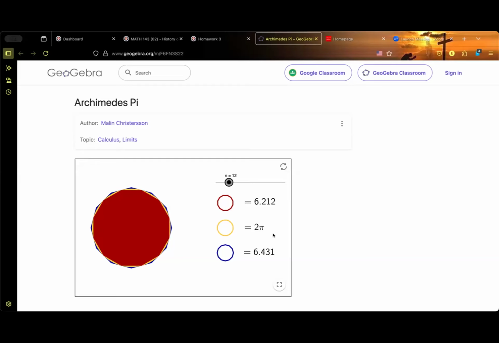So this is more of a visual way of seeing how the values keep getting closer and closer to 2 pi as we increase n, with those equilateral triangles, as I mentioned earlier. And that's a demonstration for pi approximation.